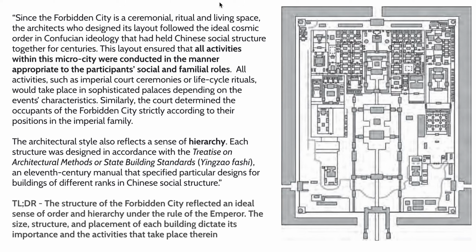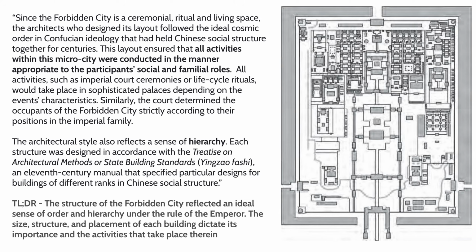So I mentioned previously that there's a lot of significance to architecture in terms of reflecting elements of social and political order. This is another excerpt that I've taken from the Khan Academy article that gives a good description of how these various buildings and the hierarchy of architecture corresponds to hierarchy in the government structure.